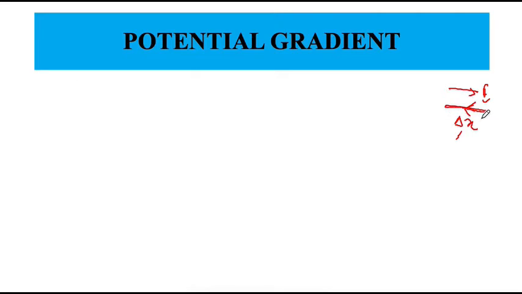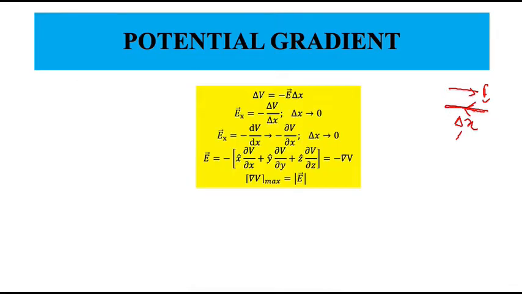The total change in potential will be delta V, which equals the electric field times delta x. There is a minus sign here, because you are moving against the field. So the electric field can be written as minus delta V by delta x.